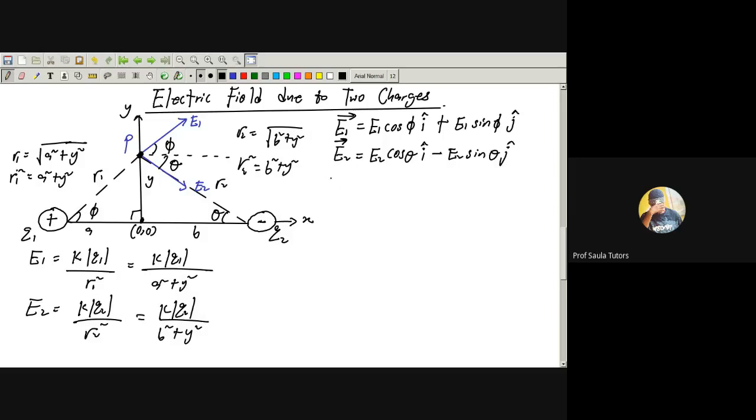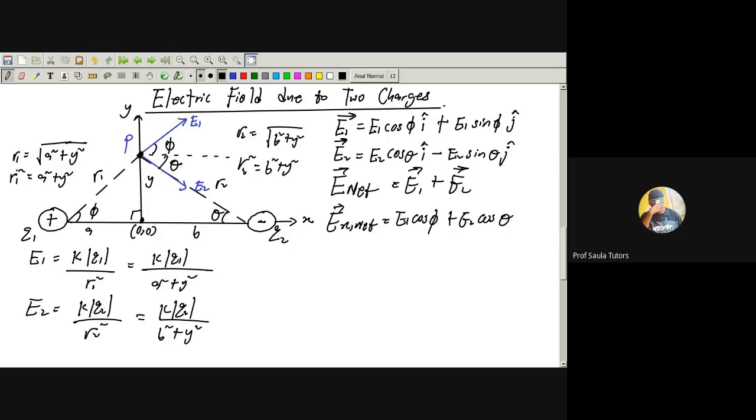So to now find the net force, the net electric field is the vector sum of E1 and E2. By the time I add all these things together, the x component of the net field will be E1 cos phi plus E2 cos theta.